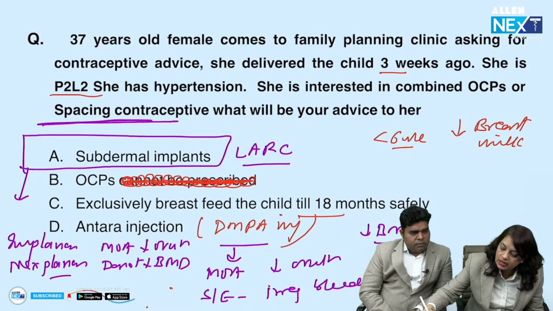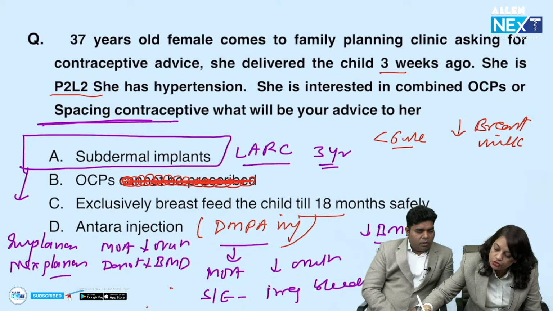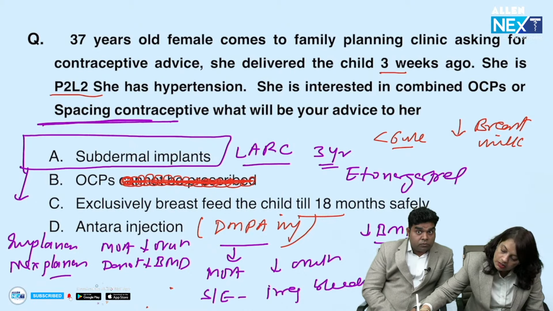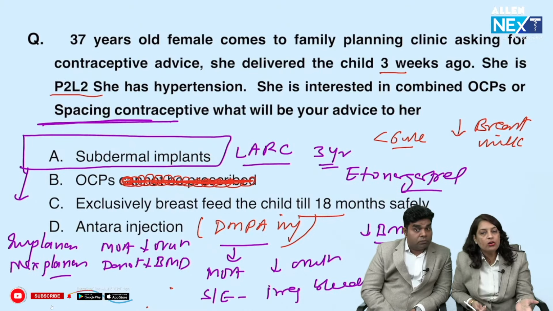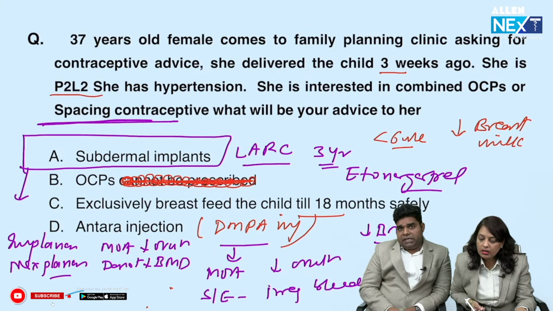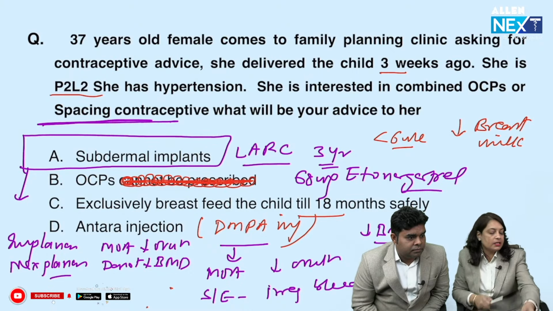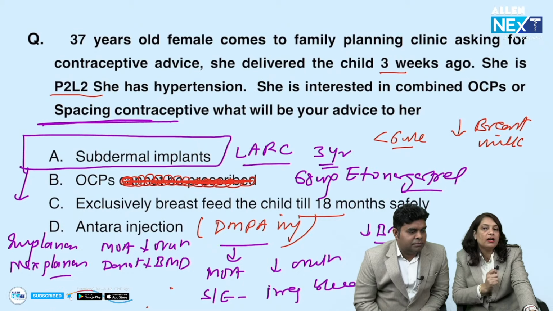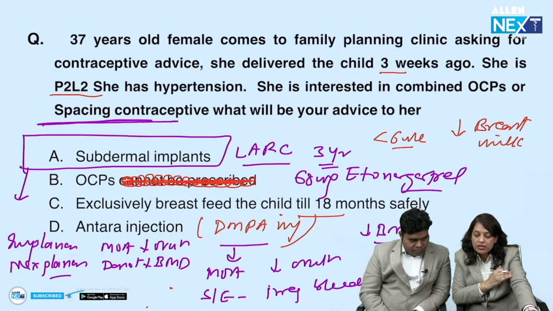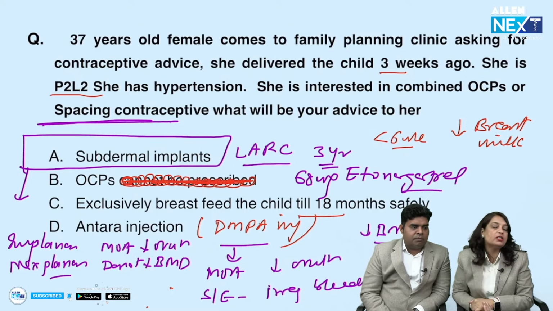One advantage is that the subdermal implant is for 3 years. Which progesterone is in it? Etonogestrel, that is a metabolite of desogestrel. So 68 milligrams of etonogestrel. It is a subdermal implant inserted under local anesthesia by an inserter in the subdermal region of the arm. What is radio-opaque? Nexplanon, but the composition is the same.